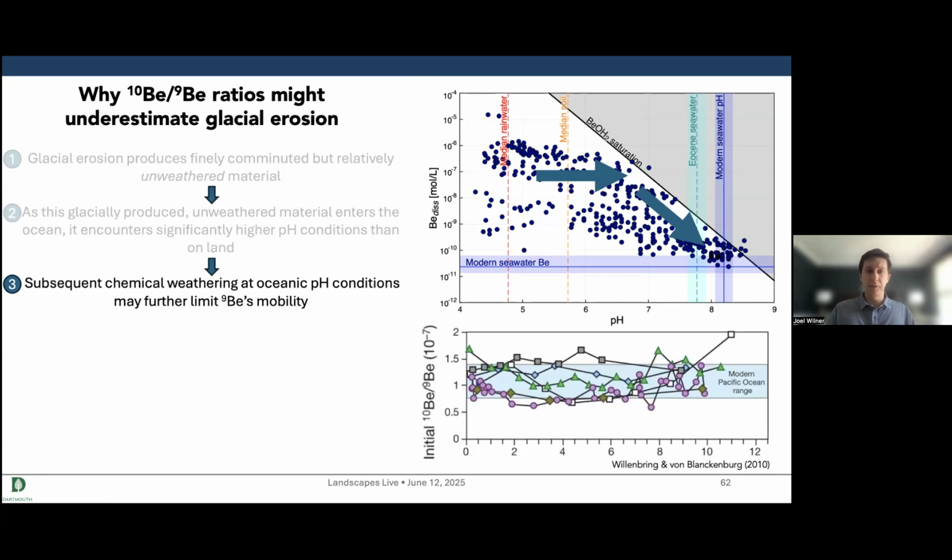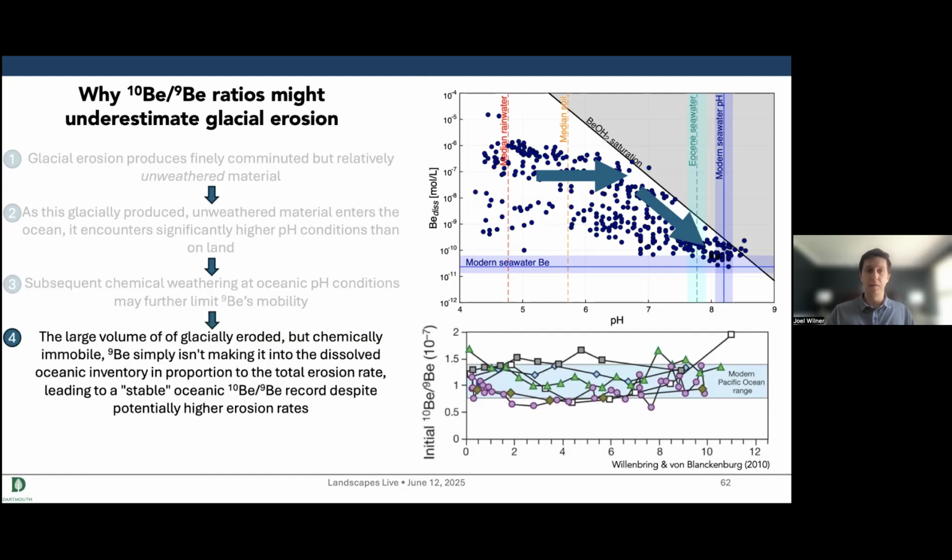So subsequent chemical weathering at oceanic pH, as you increase the pH levels, can limit the mobility of beryllium-9. So you get this large volume of glacially eroded but chemically immobile beryllium that simply isn't making it into the dissolved inventory in the ocean in a way that's reflective of the total glacial erosion rate. So you might get this stable oceanic isotopic ratio despite having potentially higher glacial erosion rates that we've argued for so far in this talk.